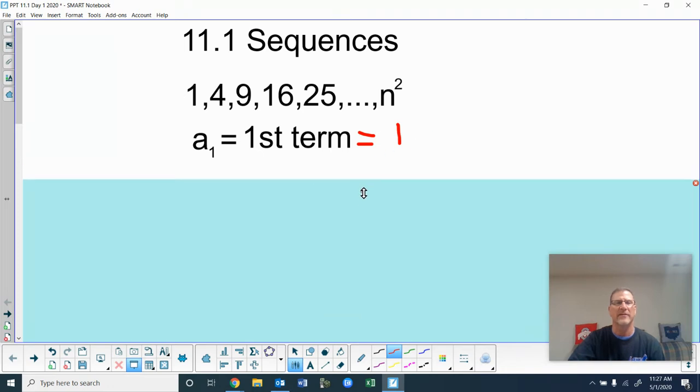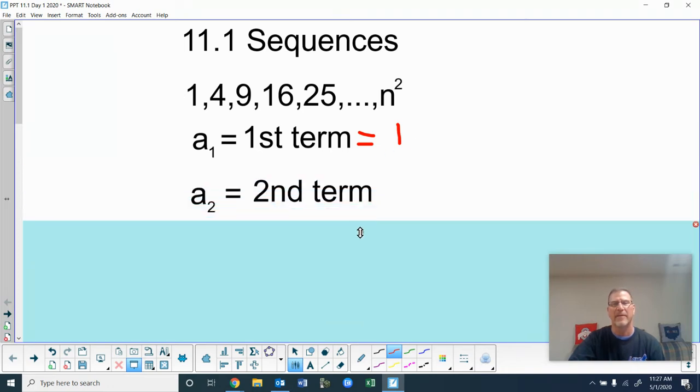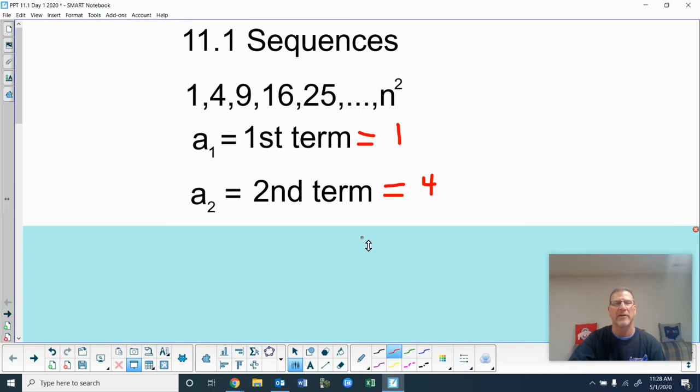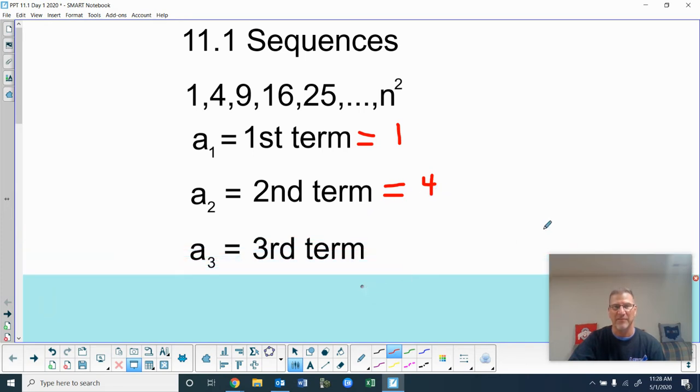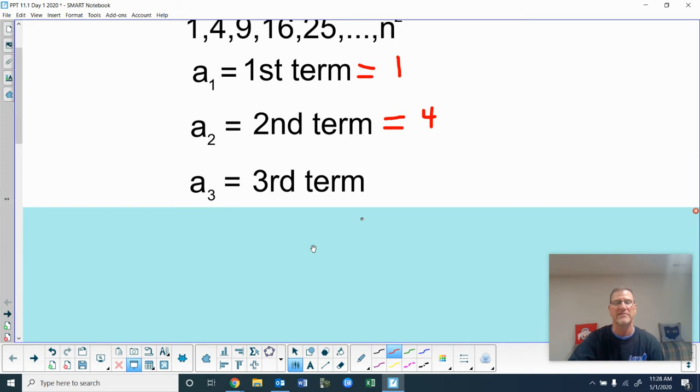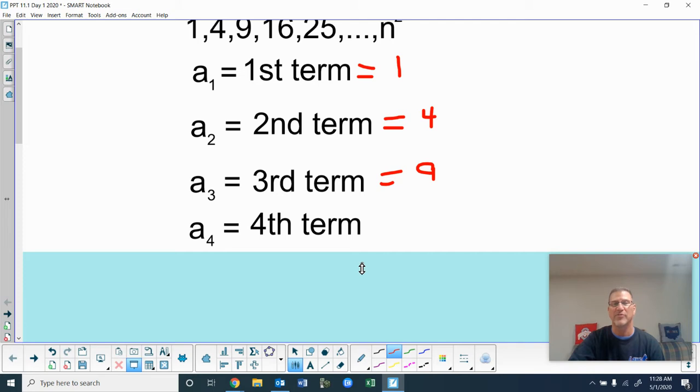Then A sub 2 represents the second term, which in this sequence is 4. For the third term, A sub 3 is how we represent it, and that would be equal to 9. A sub 4 means the fourth term, and that would be 16. Very tough stuff.